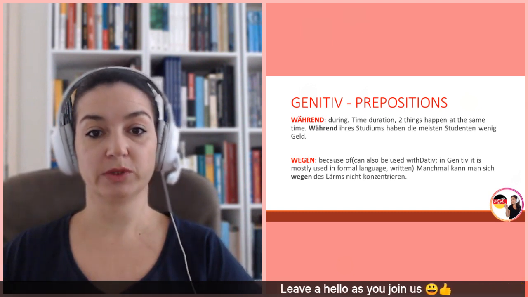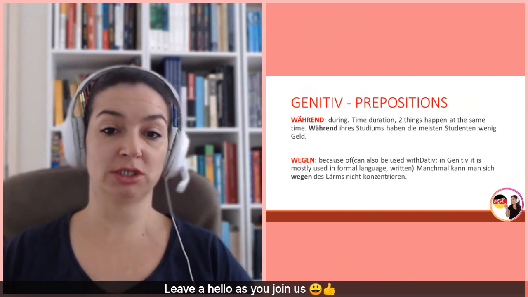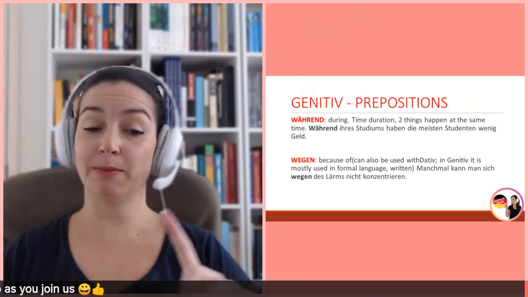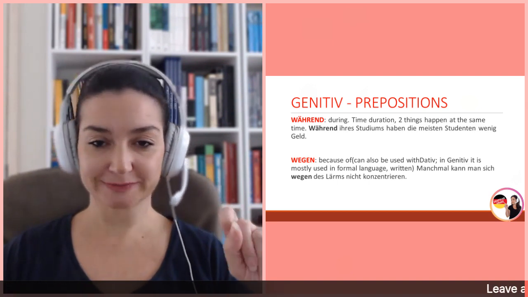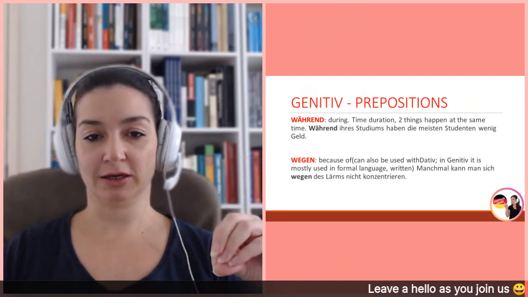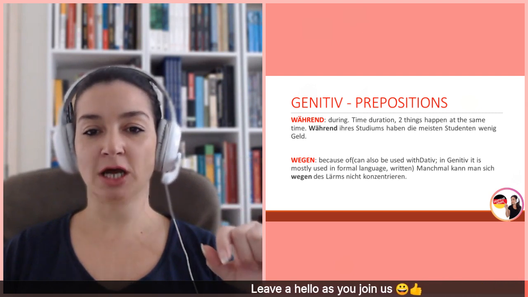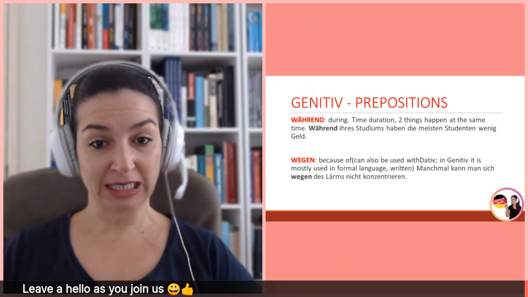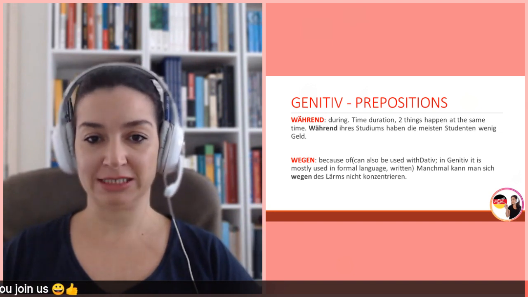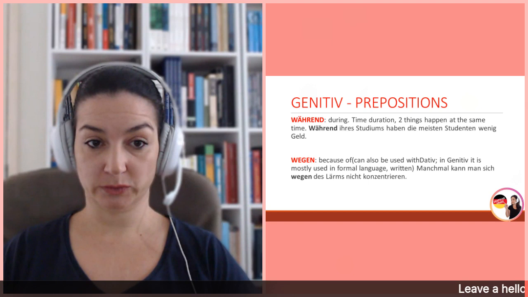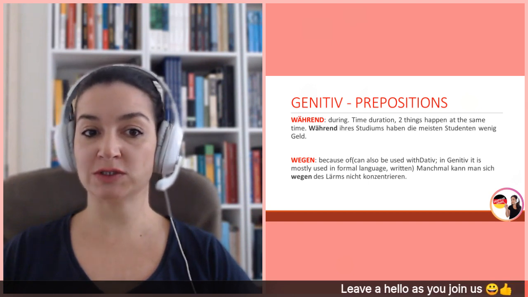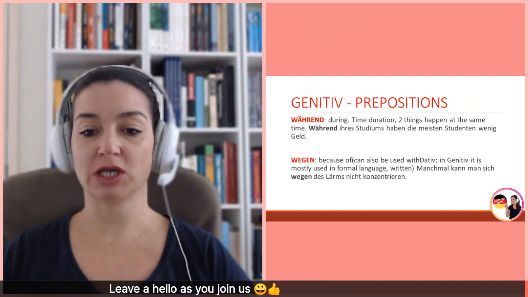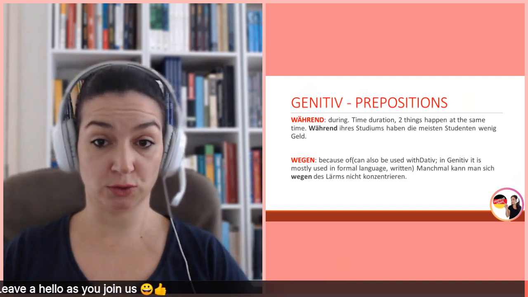And the other preposition that we use a lot here is wegen. But as you will see, dative is also meddling here now. With wegen, we can already use dative. Usually you're going to see dative being used with wegen in informal situations when people are speaking to you.